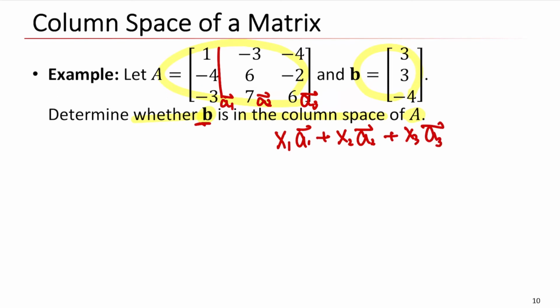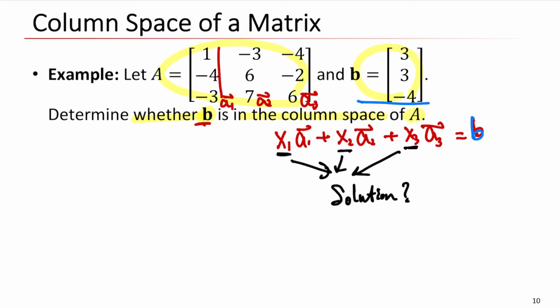Then if we put b here, and there are values x1, x2, and x3 that satisfy this statement, then we can say that vector b is a linear combination of the column vectors, or in the column space of A. So the problem is whether there is a solution of this statement or not.